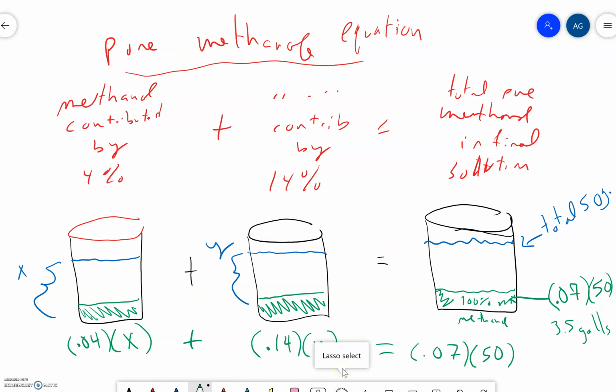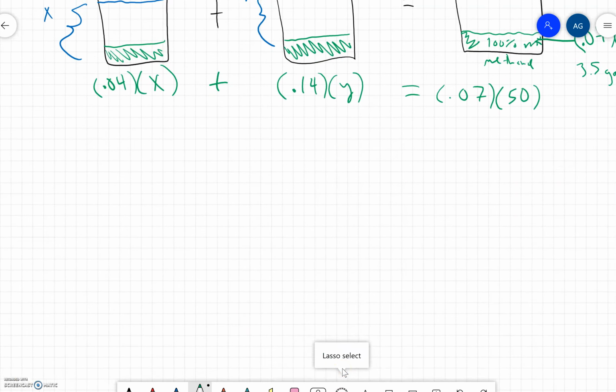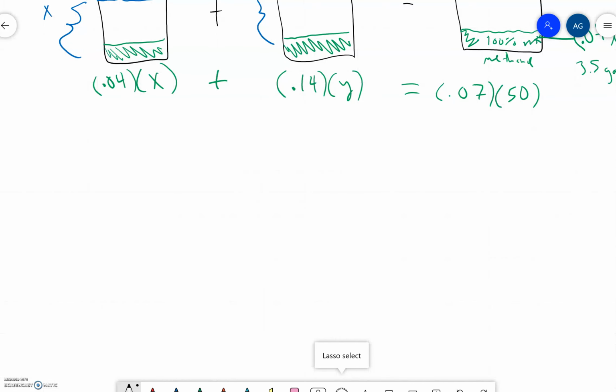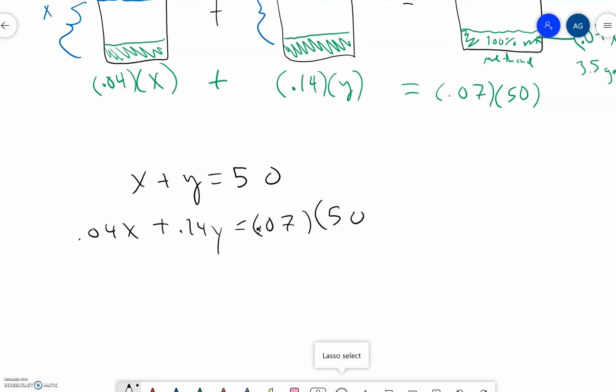And so my full system is going to be X plus Y equals 50. That's equation 1. And equation 2 is 0.04X plus 0.14Y equals 0.07 times 50, or you can just write that as 3.5, whichever you like. And so this is our 2x2 system.